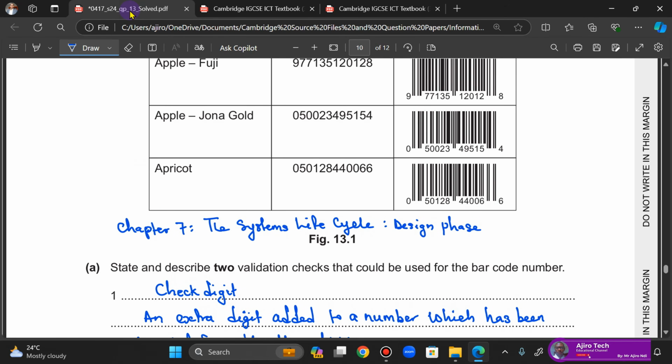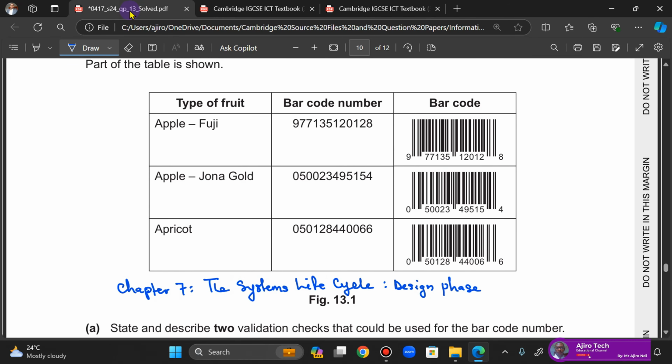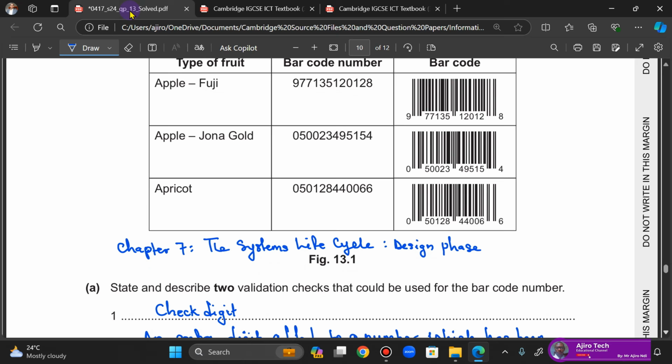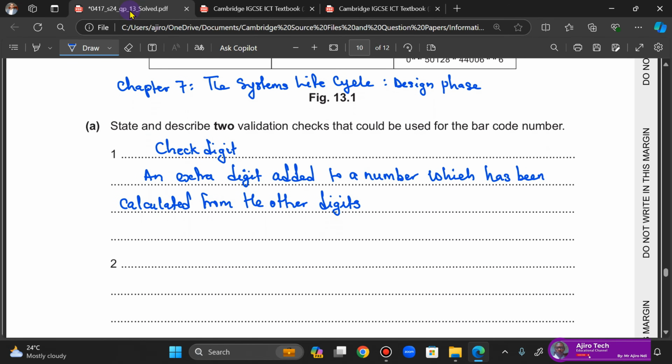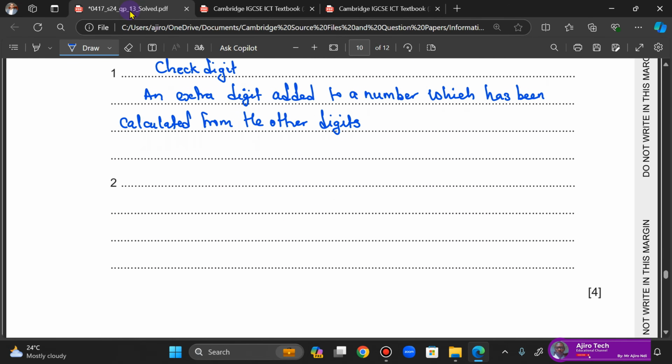Let's see. How many numbers do we have there? 1, 2, 3, 4, 5, 6, 7, 8, 9, 10, 11, 12. So we have the length check, and it checks.